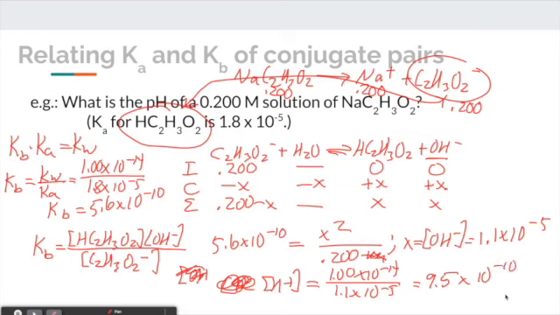That's H plus concentration. So pH is what we're trying to find. That's the negative base 10 logarithm of 9.5 times 10 to the negative 10th. And that ends up being 9.02.